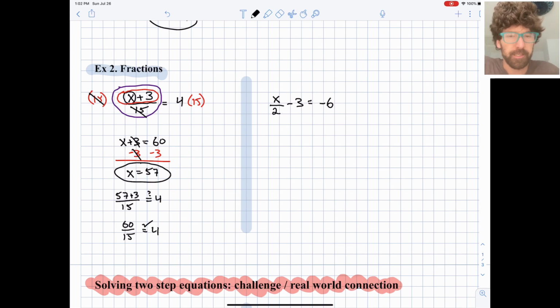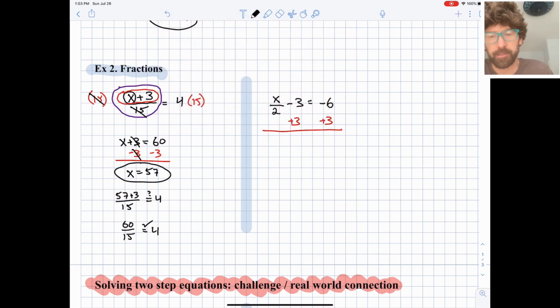I'm going to contrast what we just did with this next example that also has a similar setup, although I think you can see that the subtraction of 3 is not embedded in the numerator of the fraction. So I think you can tell that we're going to be adding the 3 first. So let's do that.